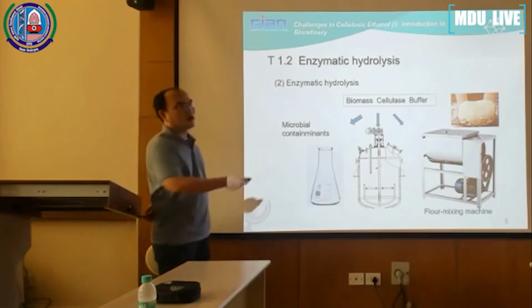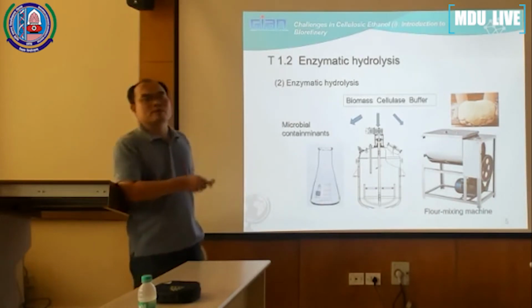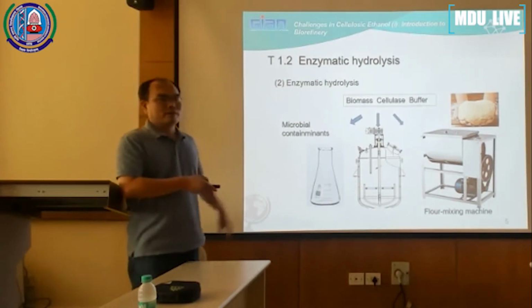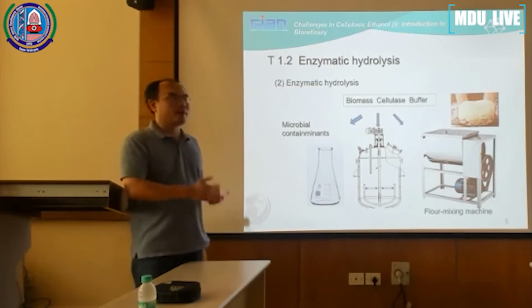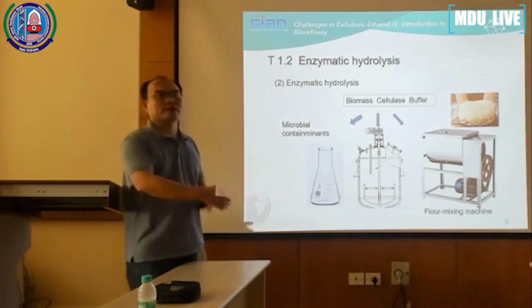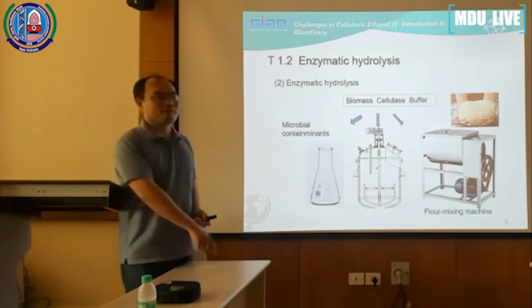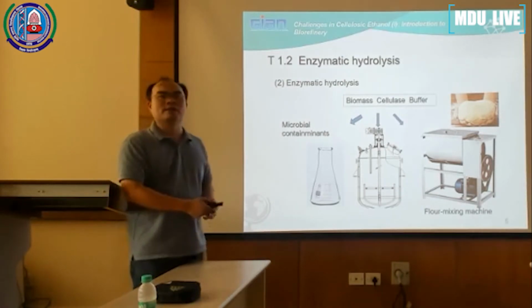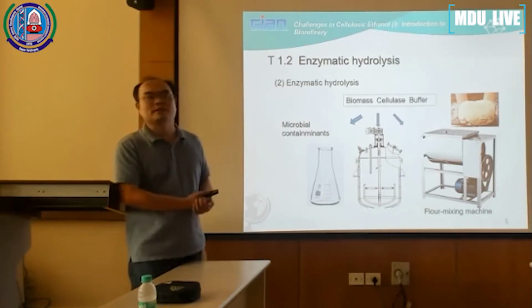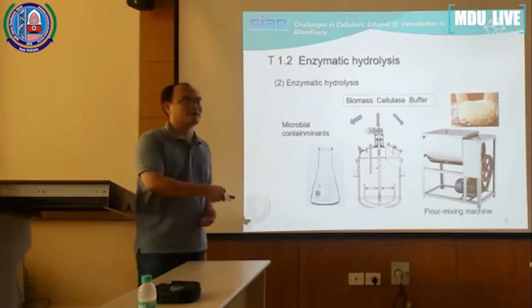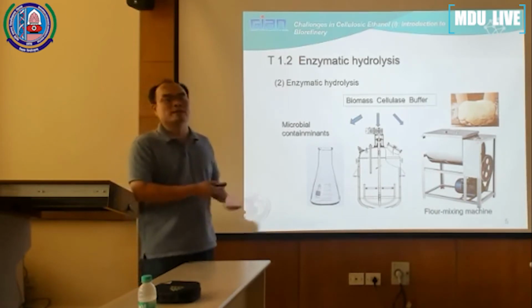Why I chose this machine: because in the first step, we have to turn the biomass from solid to liquid. We call this process liquefaction. You can find this term in literature.